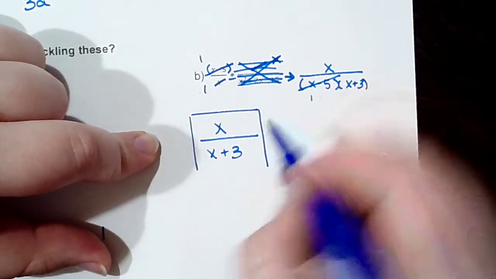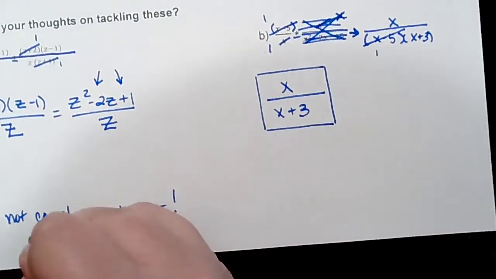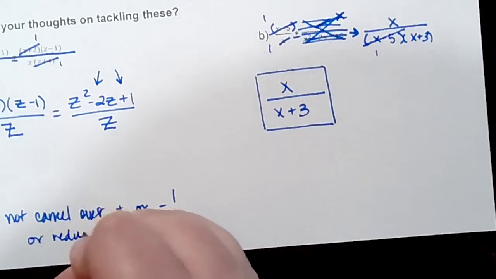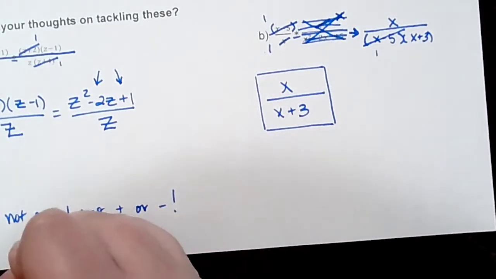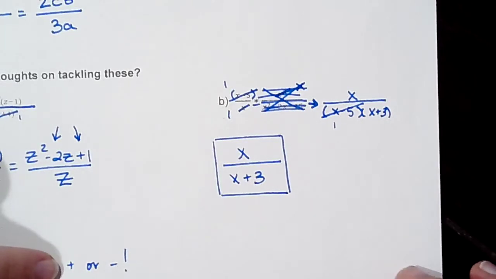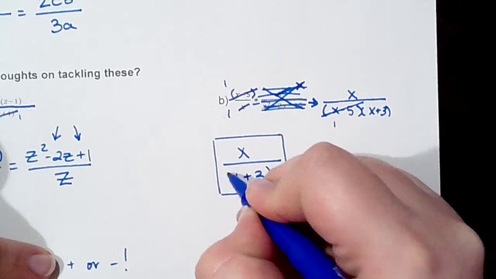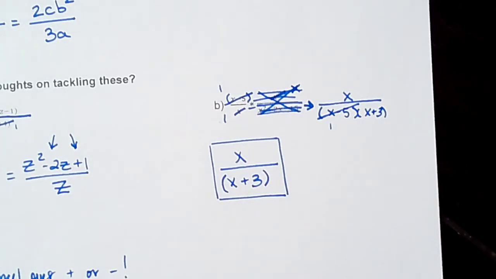We cannot cancel or reduce. I know some people do not like the word cancel in the math world. I don't care. We do not cancel or reduce over plus or minus. I've got an addition sign here. Those parentheses are holding me together, so I cannot reduce. All right, let's keep going here.